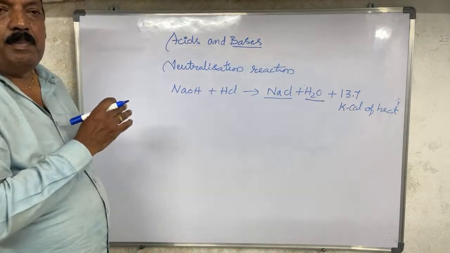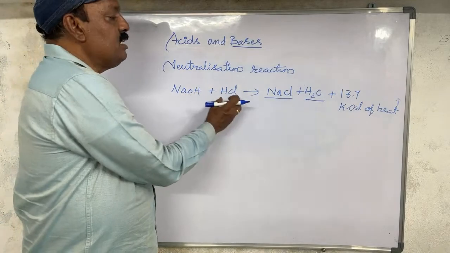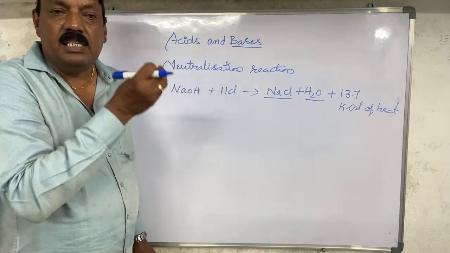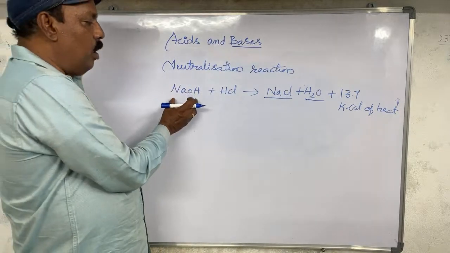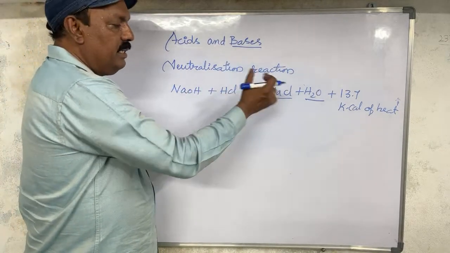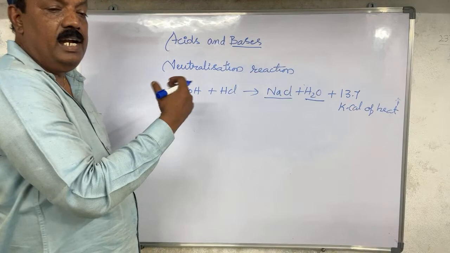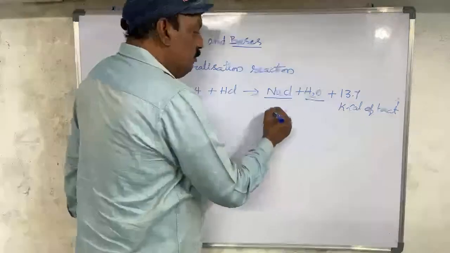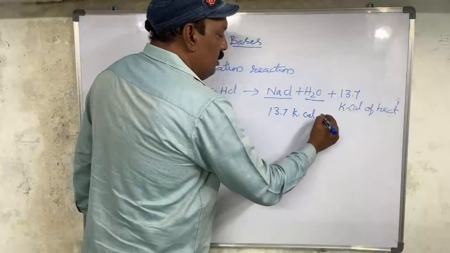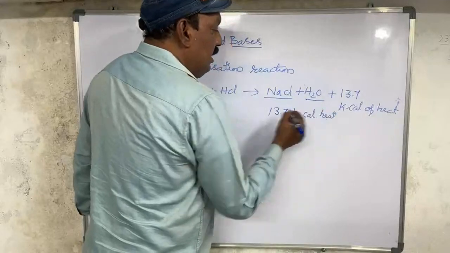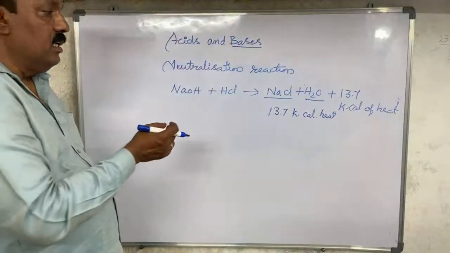Every time try to remember, whenever a strong acid and strong base react with each other, the result will be salt and water. In that reaction, 13.7 kilocalories of heat is released.